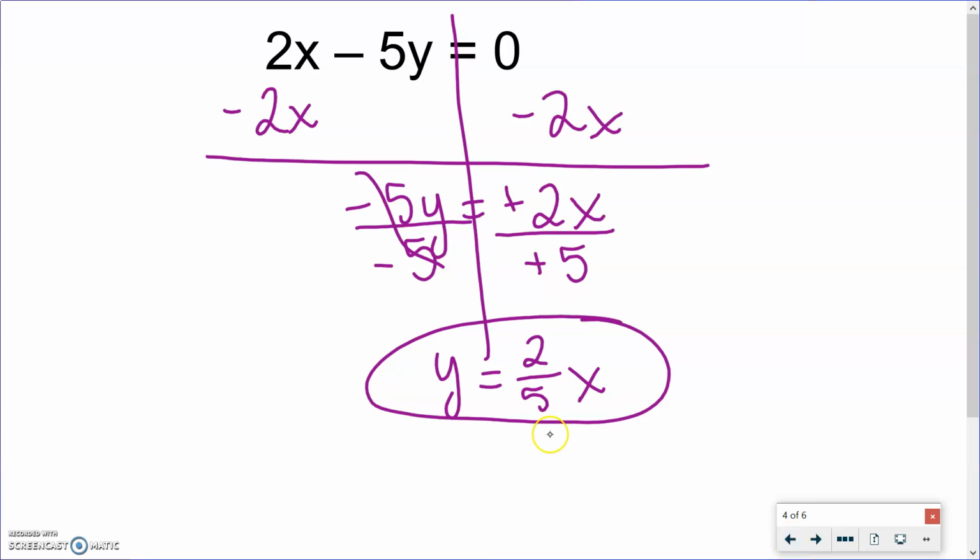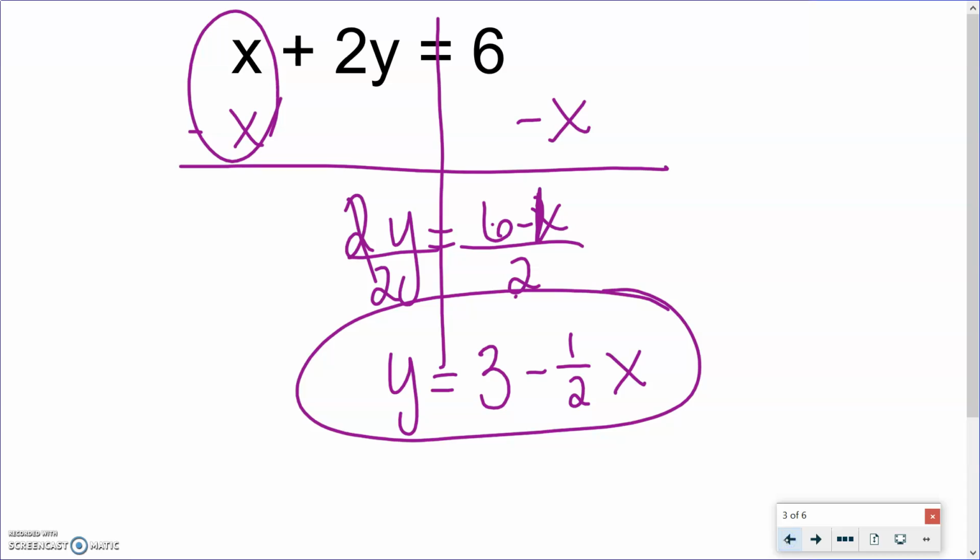So on this one, our slope would be the number next to the x, which is 2/5. That would be our m. And our b would be that plus 0 that we eliminated. So our b would be equal to 0. Okay, and we can do that here. Our slope on this one would be negative 1/2 because that's in front of the x.